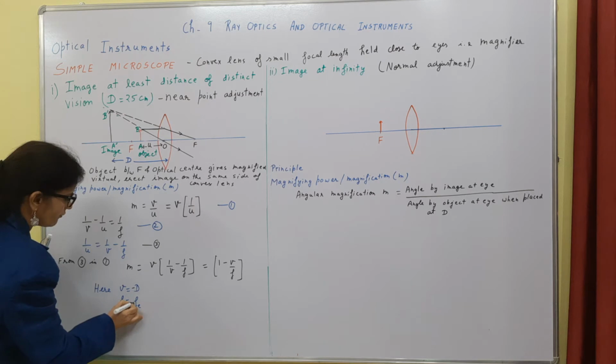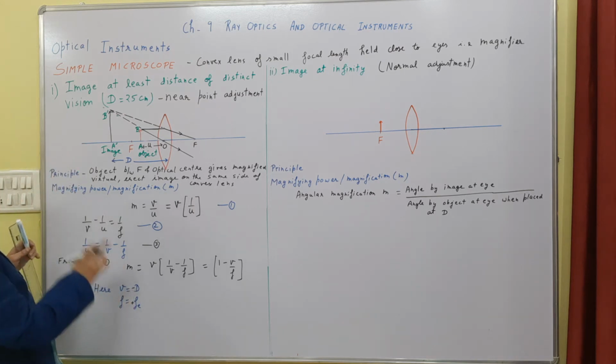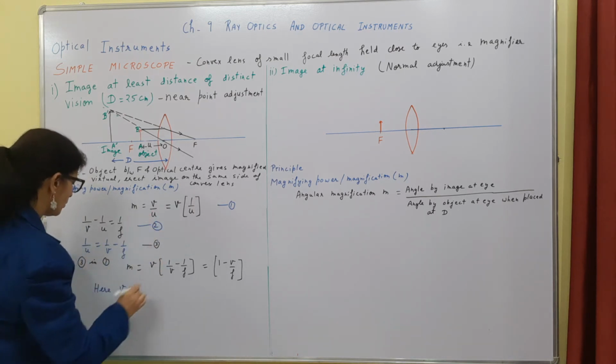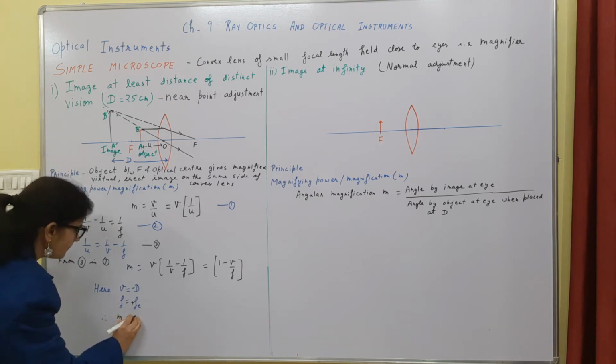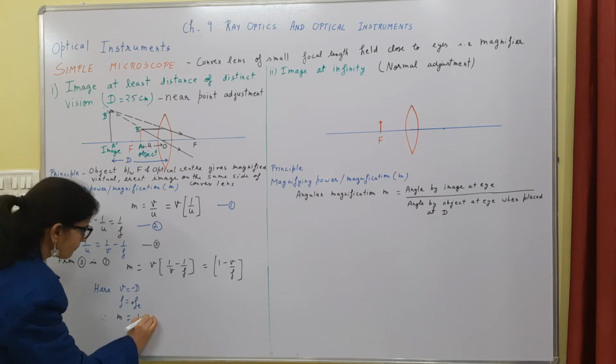So Fe will be positive and v will be minus D. Therefore the formula for magnification will be 1 plus D upon Fe.